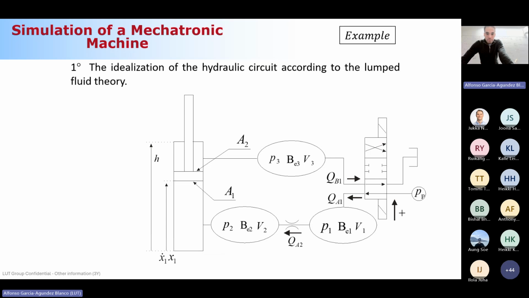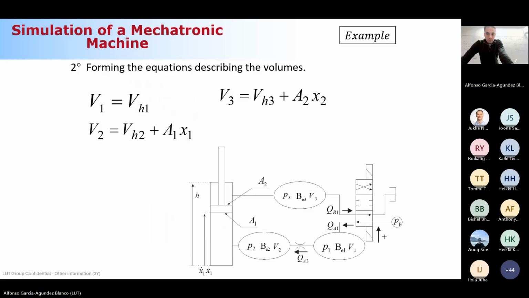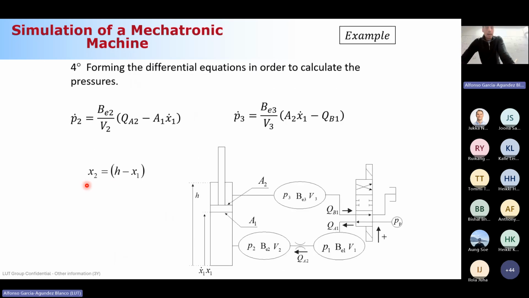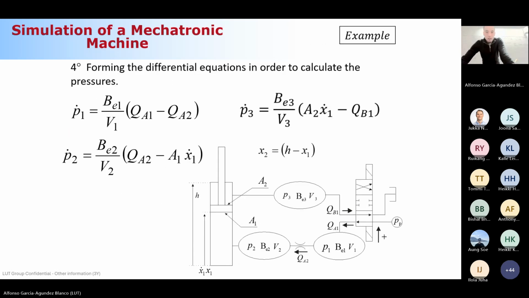It comes from here, this relation. We wrote it here. x2 is h minus x1, okay? So x2 dot, you agree with me, that is minus x1 dot, no? So that is the reason why in this differential equation, you have the term minus A1 x1 dot with a minus sign, and in this other differential equation, you have the term associated with the piston motion with a plus sign, okay? But the original equation is the same.